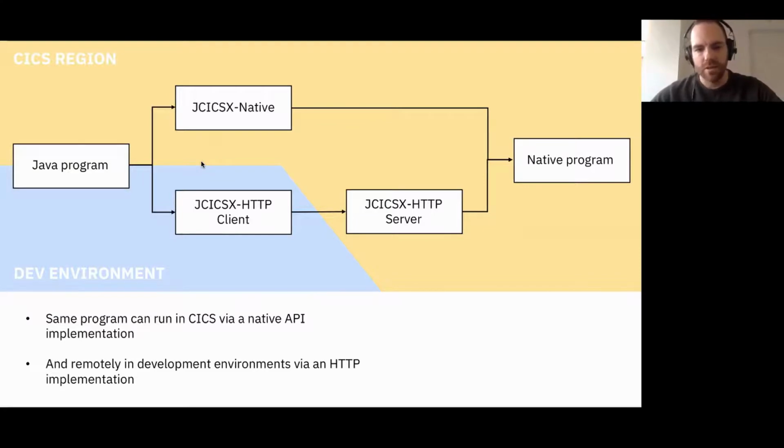Once you've done that, then you can take your Java program and run it locally using the HTTP client. And if you're happy with the way your application works locally, you can take that application and deploy it unchanged to a CICS region. Because the CICS region's environment is configured differently, the JCICS APIs will run natively there instead. So you get flexibility without having to make application changes to make it run locally.